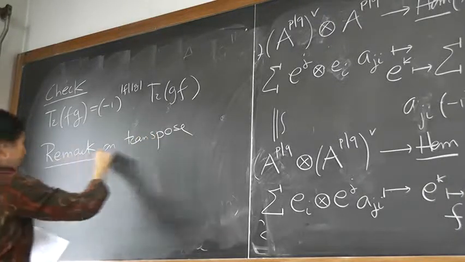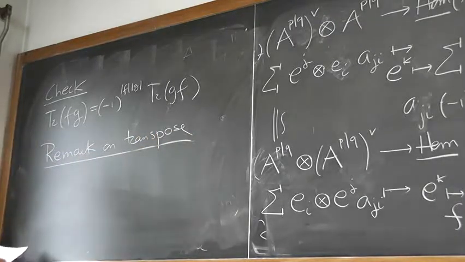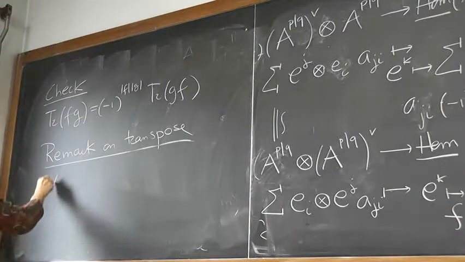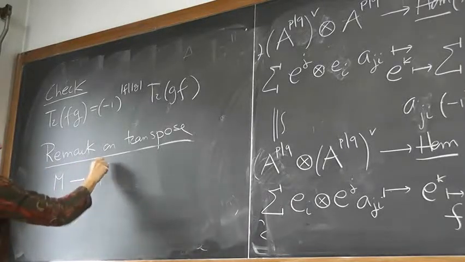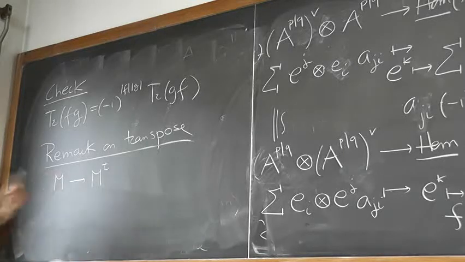So when you do the transpose, if you have a matrix M and you take M transpose, we know that in the classical setting this operation is an involution. So if you do the transpose of the transpose, you get back M. But here, no, it is of order 4.